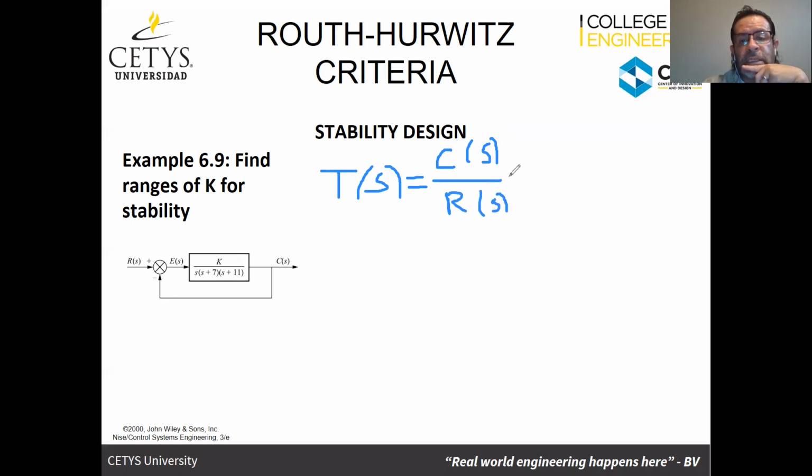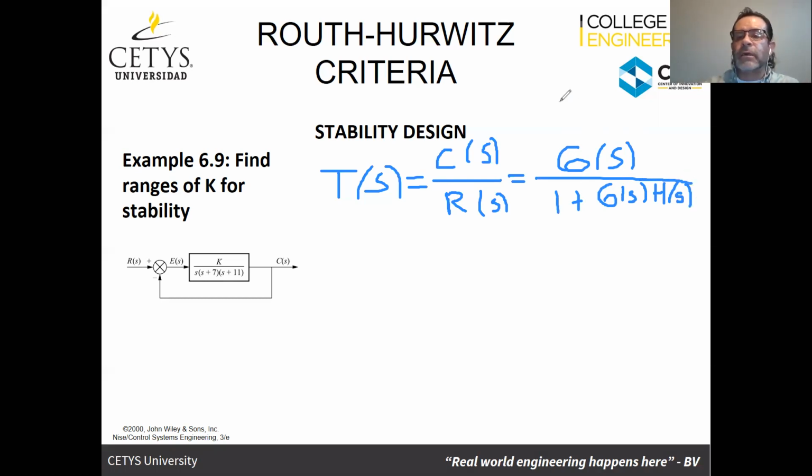Since this is a closed loop system, this is going to be G of S divided by 1 plus G of S multiplied by H of S. G of S is the forward transfer function. H of S is the feedback transfer function.